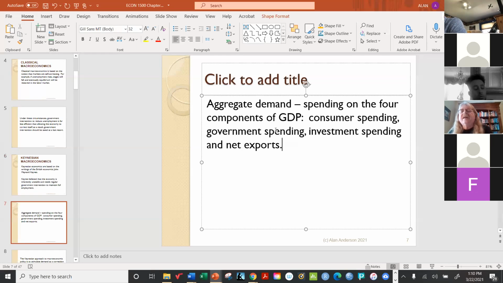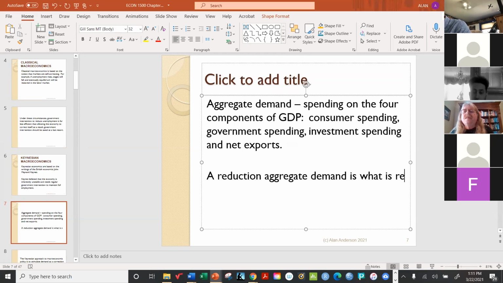So when he says aggregate demand, what he's basically saying is that if there's a slump in consumer spending for some reason, or if there's less investment spending by businesses, or if our trade deficit gets worse, or if for some reason the government spends less, all of that will reduce aggregate demand. And so a reduction, especially a sharp reduction in aggregate demand, according to Keynes, is what is responsible for a downturn or any downturns in the business cycle.